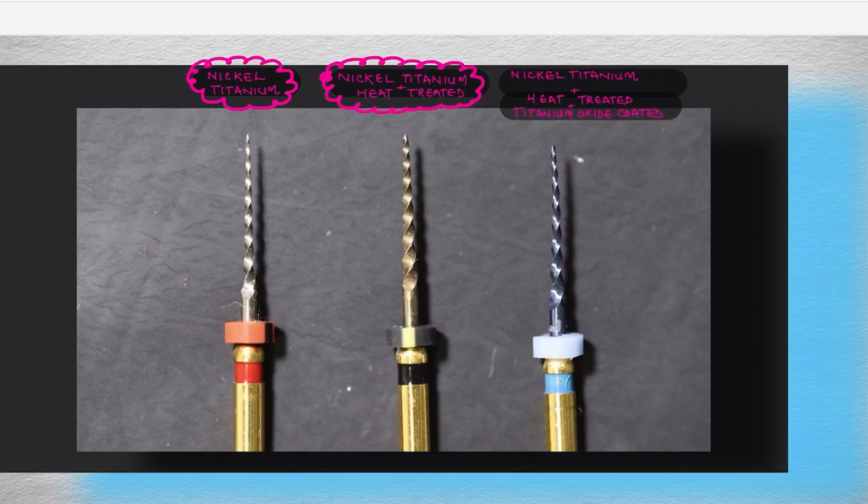Later on, this file was further modified by giving the nickel titanium file a heat treatment along with a titanium oxide coating. This was done to increase the cutting efficiency of the file. So these were the three different categories of pediatric rotary files in the Kido file system, and in general in the other systems also. So this was all about the pediatric rotary file that we need to understand.